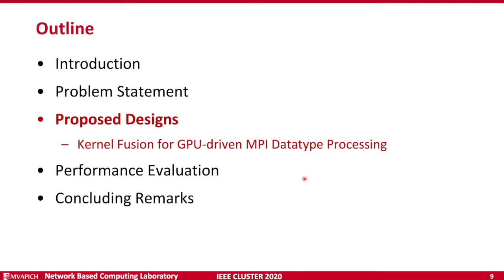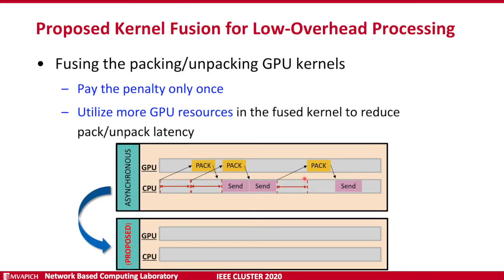So we propose this design. We call it kernel fusion for GPU-driven MPI data type processing. Kernel fusion is not a new concept. It's been there for a while, but we have never tried to apply it to non-contiguous data transfer. First, we propose to fuse the packing and unpacking kernels, so you don't have to launch a kernel every time.